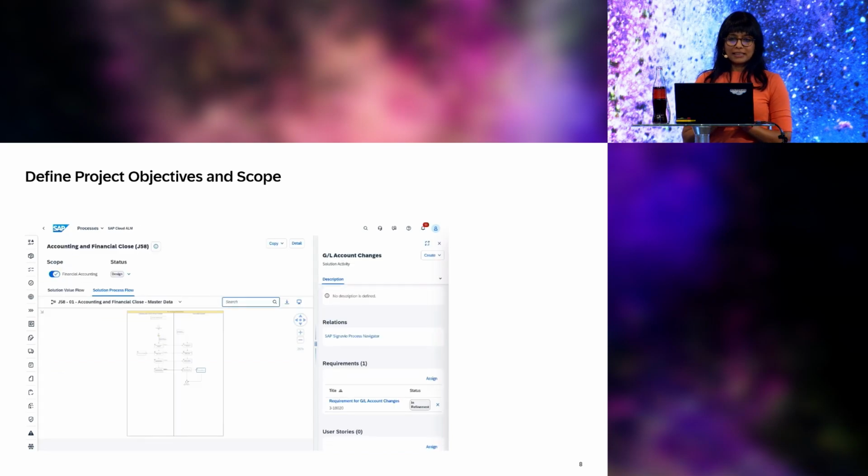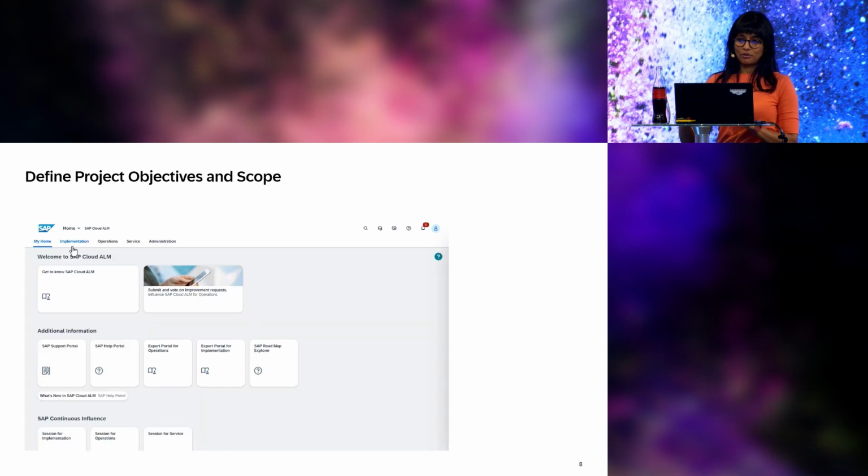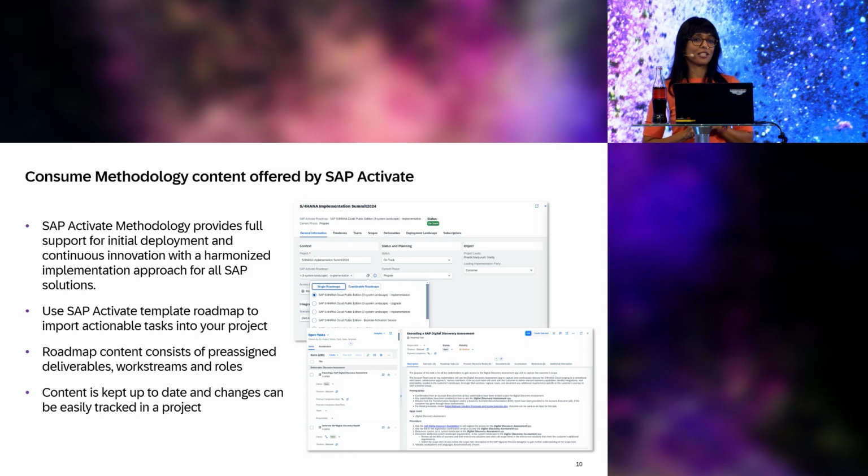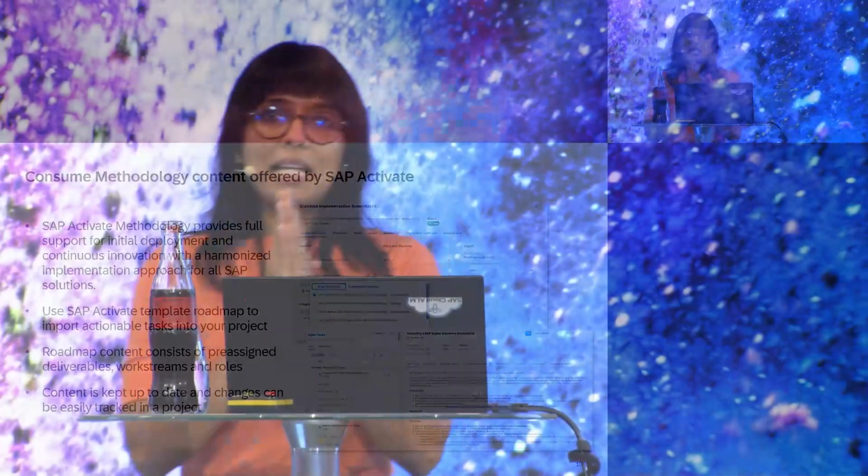Now, the next step in the project is to utilize the standard methodology content readily made available by SAP Activate. SAP Activate provides you structured content to implement or upgrade almost all of the SAP solutions that are offered by SAP.